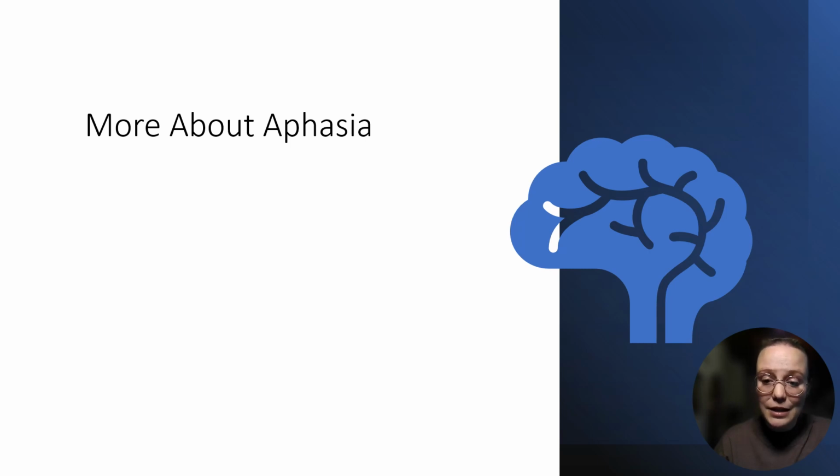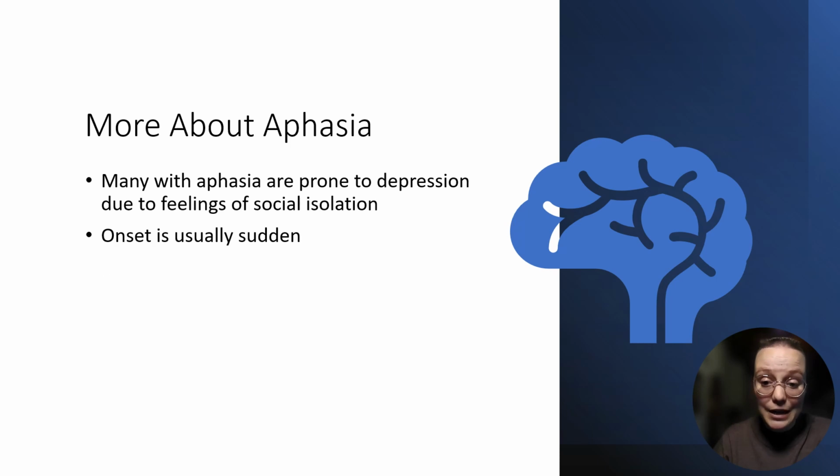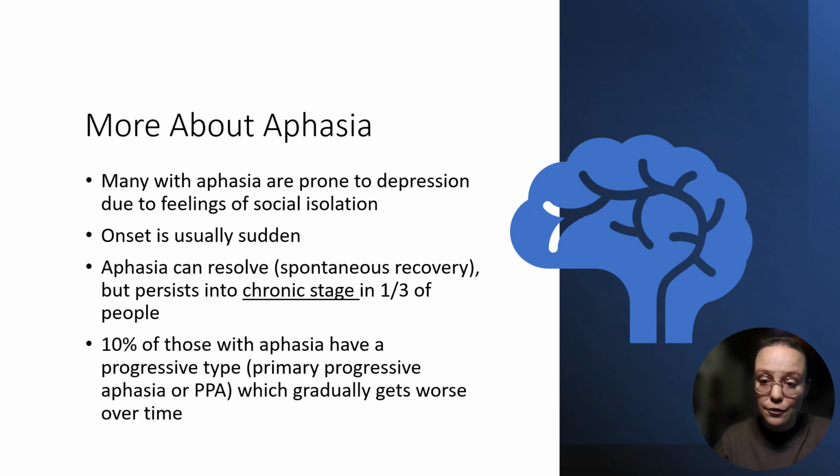This is my last slide before we jump to the next lecture series, which is more on understanding types and severities of aphasia. I want to end with saying that while aphasia is a language disorder, it often does not exist in a vacuum.